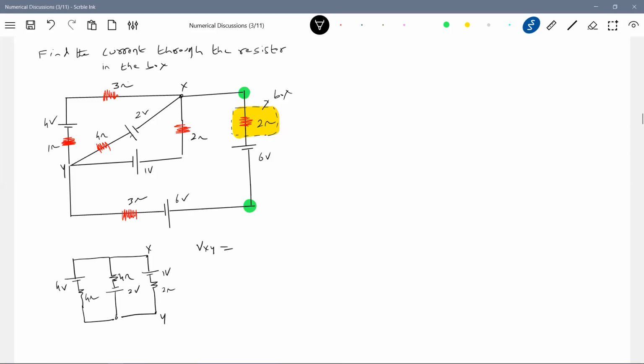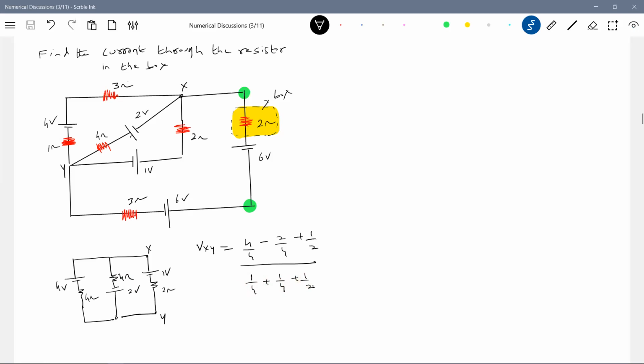VXY should be equal to 4/4, negative terminal connected 2/4, positive terminal connected 1/2. Please notice these are 3 cells, and this will be 1/4 plus 1/2. For resistors you should not introduce a negative sign, only for cells. Here the numerator and denominator will all be positive.